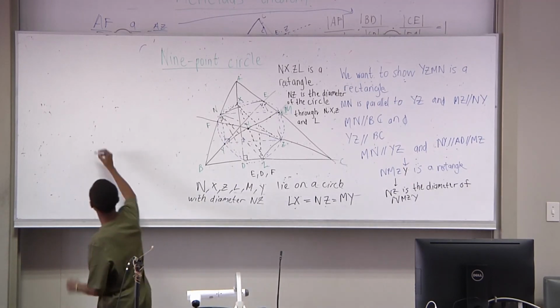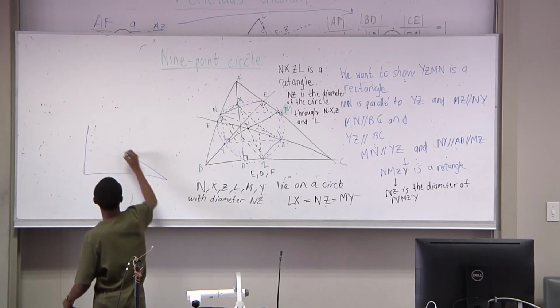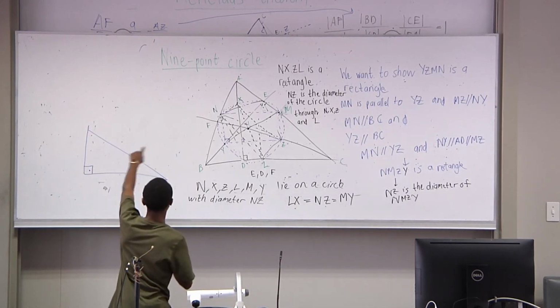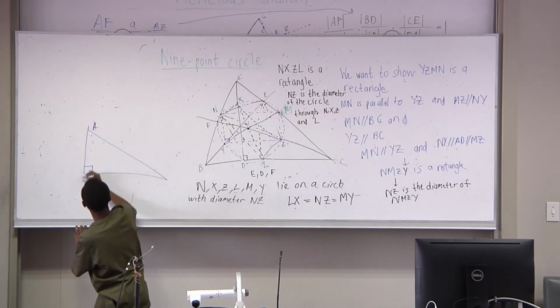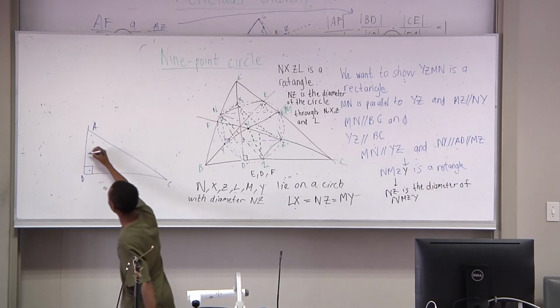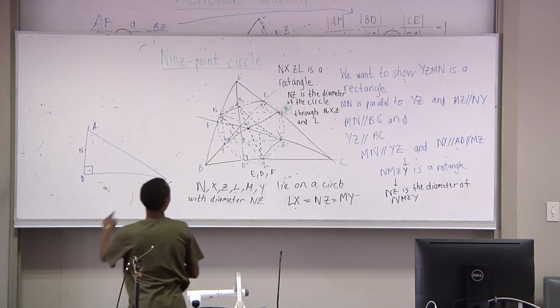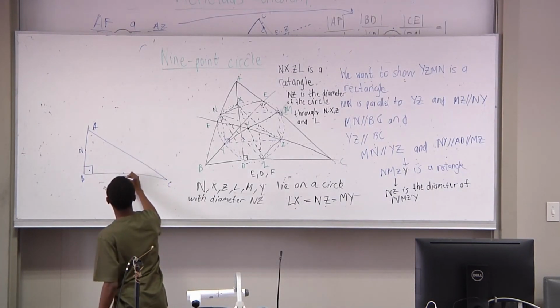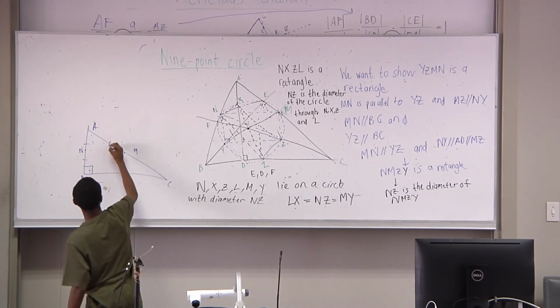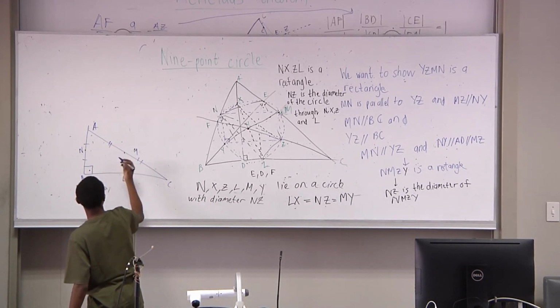So we have this. So let's just connect this to our diagram. So let's say that's A, and that's B, and that's C. And then N would still be here, right? It doesn't matter about the N and the L. And M would still be here, because that's equal to that, and that's equal to that, and that's equal to that.